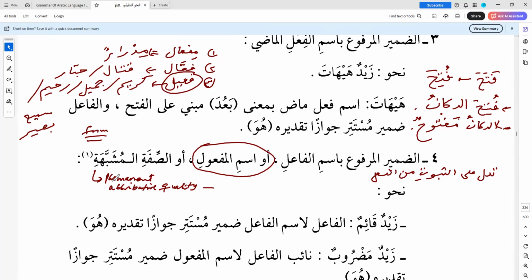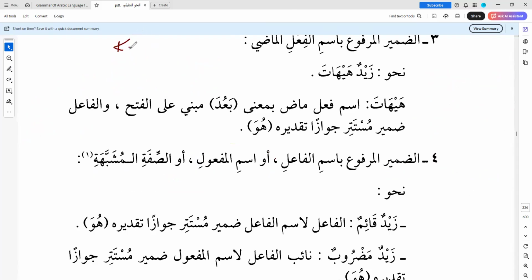Sifatul mushabbaha is a permanent attributive quality. It doesn't change. For instance, when we say somebody is kind, the adjective kind is sifatul mushabbaha.